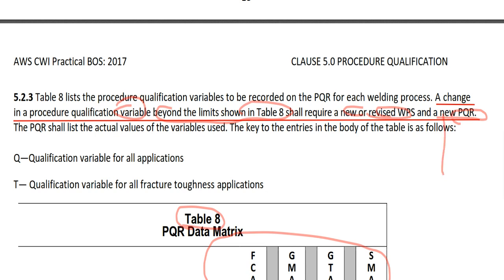A new PQR is a big problem, a disaster, because it takes cost and time. But revising a WPS doesn't take any troublesome work. So usually, if things are changed in the Table 8 variables, revising the WPS is recommended.